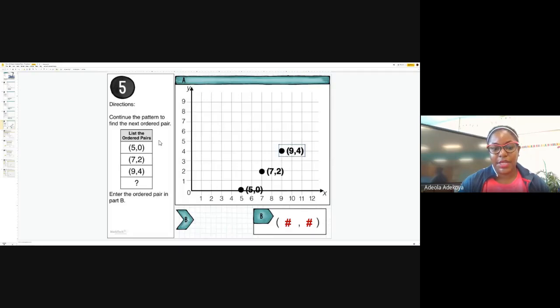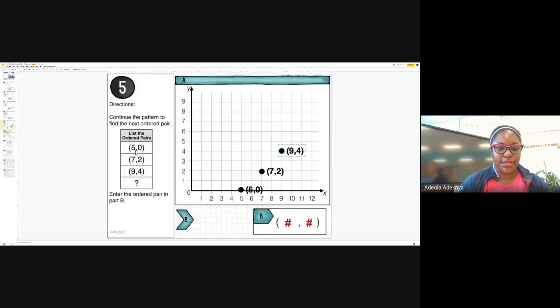Now there's something that I need to notice, that there is a pattern right here. The pattern I'm noticing is it's adding 2 on the x-axis, because this is 5 plus 2, 7 plus 2, 9. So it's going up by 2s on the x-axis.